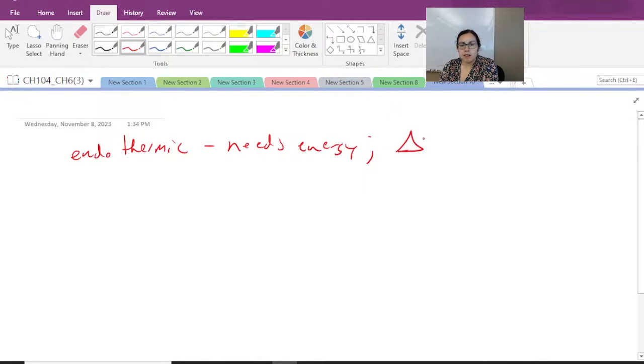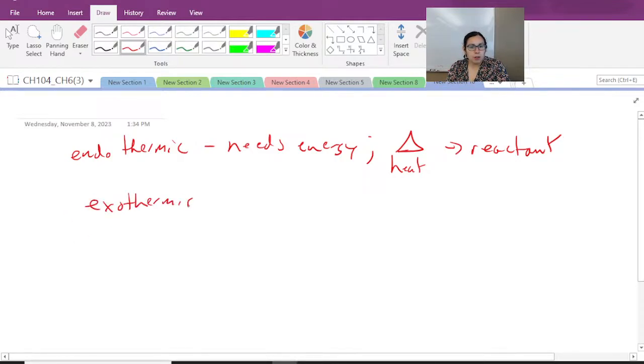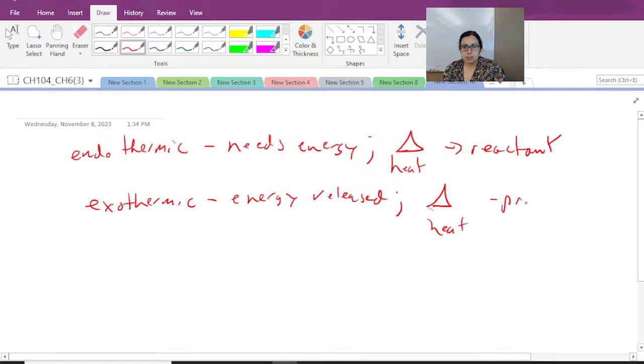And so then we can have heat, the little triangle is sometimes the symbol for heat in chemistry, as a reactant. At least that's how we can think about it. And if it's exothermic, energy is released, and we said that's in the form of heat. And so that means that our heat then is a product.